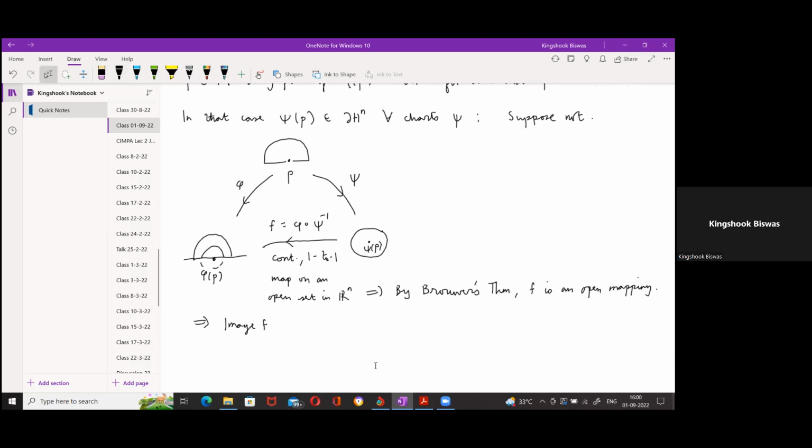Okay, so that means the image of F intersects the complement of H, and that's the contradiction. So that basically says that the boundary points of a manifold with boundary are well defined. Those are the points which map under any chart into the boundary of Hn.